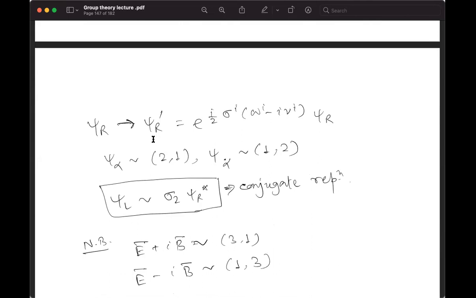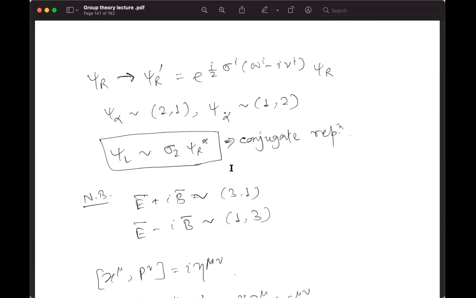So here psi_R transforms, psi_R prime, as exp of i/2 sigma_i (omega_i minus i mu_i) psi_R, and psi_alpha is (2,1) while psi_alpha dot is (1,2). About these dotted and undotted indices we will talk more when we discuss the helicity combination. Now psi_L goes as sigma_2 psi_R star, which is like a conjugate representation.